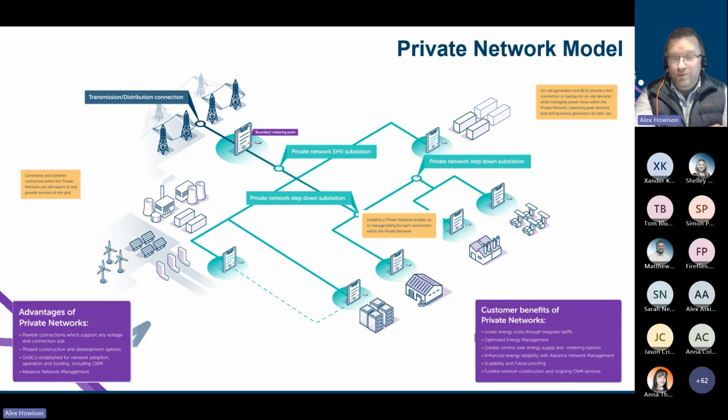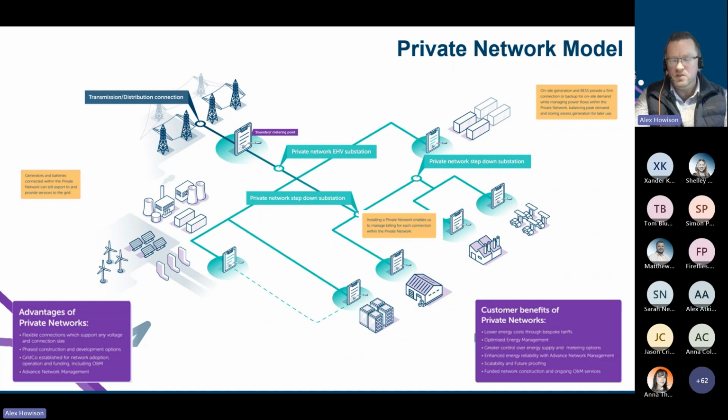You can also choose who your supplier is. The standard and historical setup for a private network is that there's a boundary metering point. The network owner applies the supplier to that boundary metering point and then sub-bills all the customers downstream. That's still possible and still supported. But now if you're a customer connected within that private network, if you wanted to change from, say, EDF to Octopus, you would be able to do that.